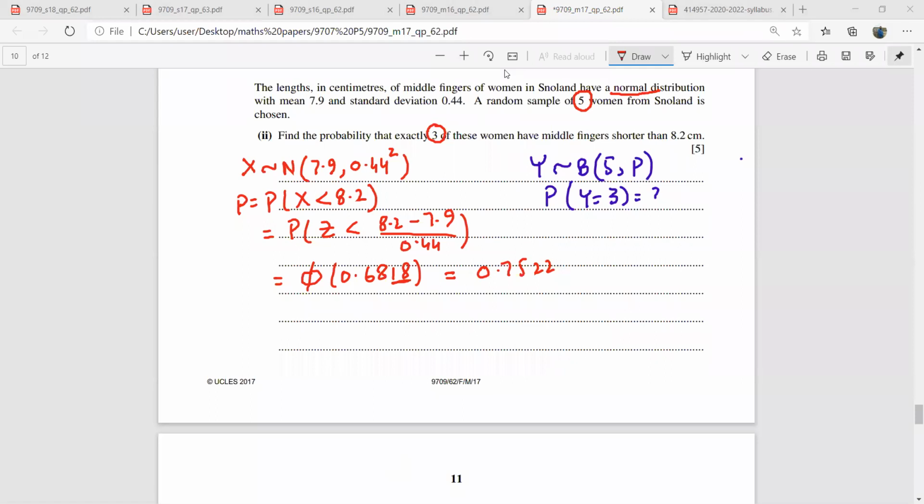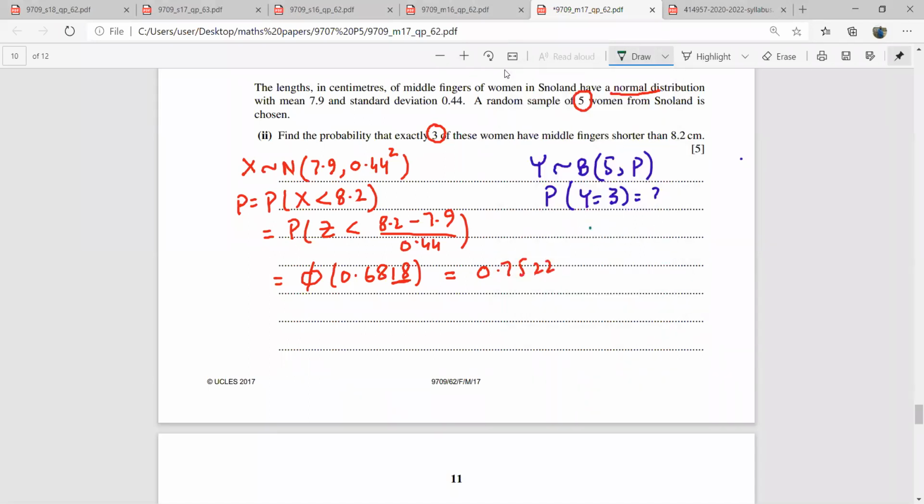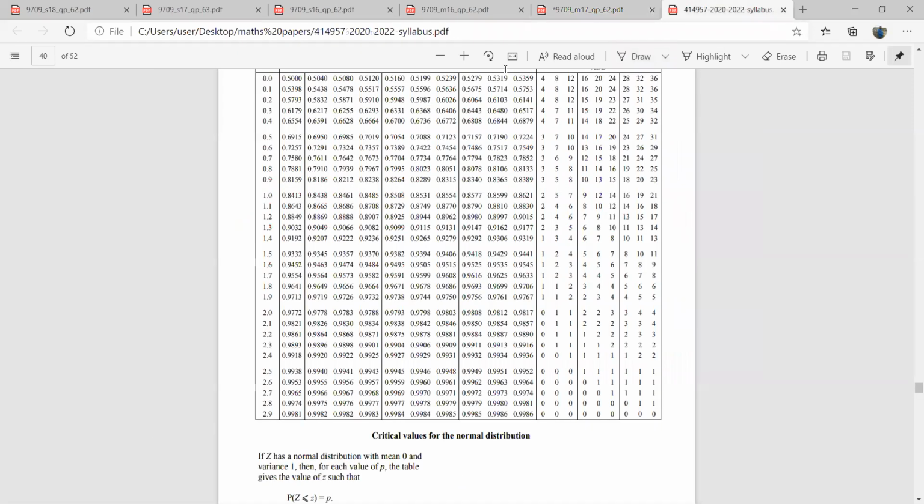Now we can go back to this binomial distribution and say, for this we have got P as 0.7522, and our Q would be 1 minus 0.7524? Yes, beta? Sir, isn't it 0.7524? Let me check that, beta.